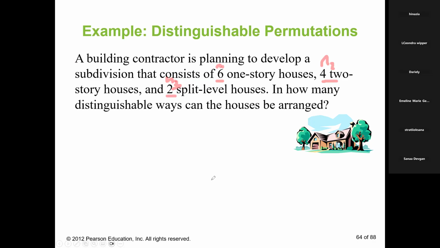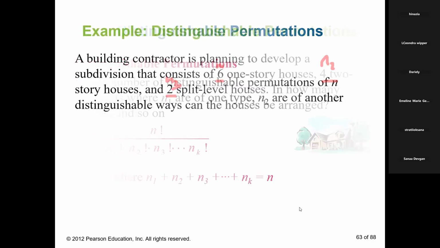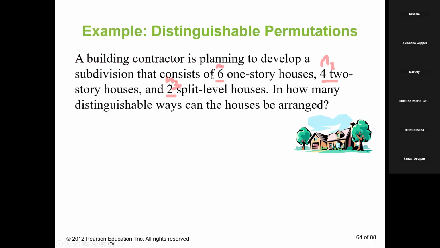That's what it is. Let me go back to this thing here. See? N1 plus N2 plus N3 will be N. So now N1 is 6, N2 is 4, N3 is 2.